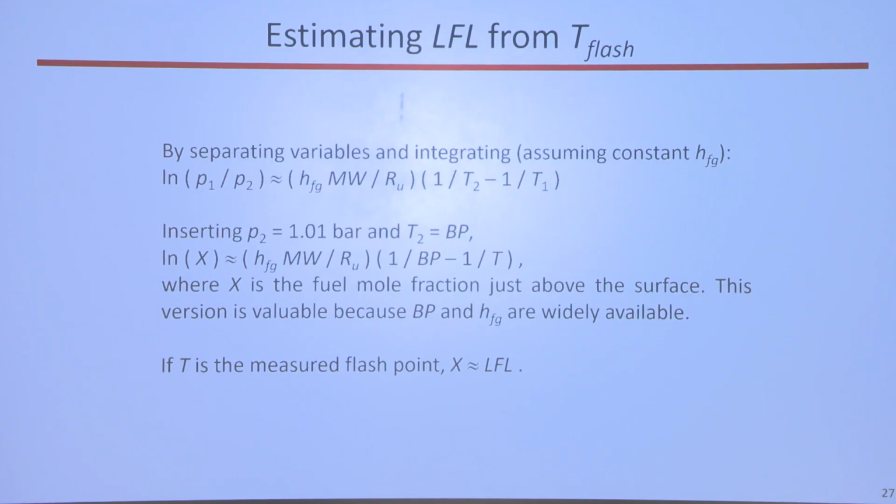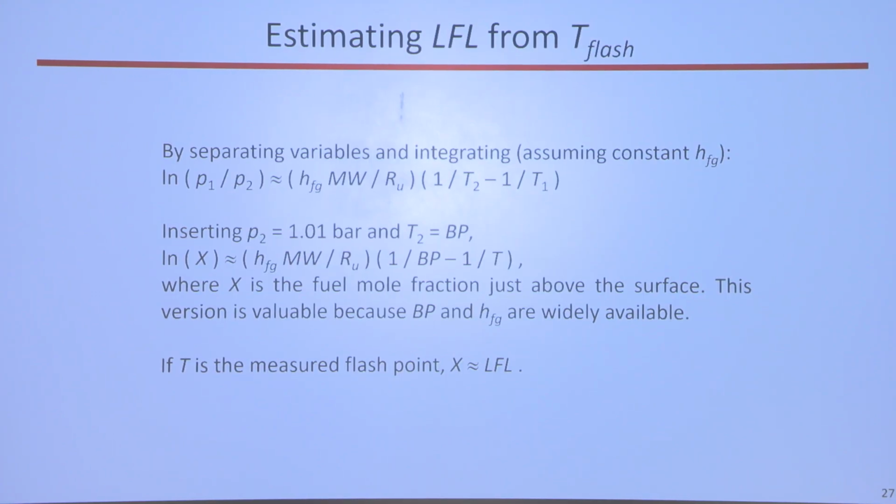Now, for lots of fuels, you don't know the partial pressures at all the temperatures that you would want. But almost all fuels will give you the boiling point. So if you know the boiling point, you specify that as one of these temperatures. And of course, at the boiling point, the saturation partial pressure is 1 bar. So if you plug that into that equation, we have another approximate equation, but it's not too bad, which relates the mole fraction at saturated conditions to the temperature.